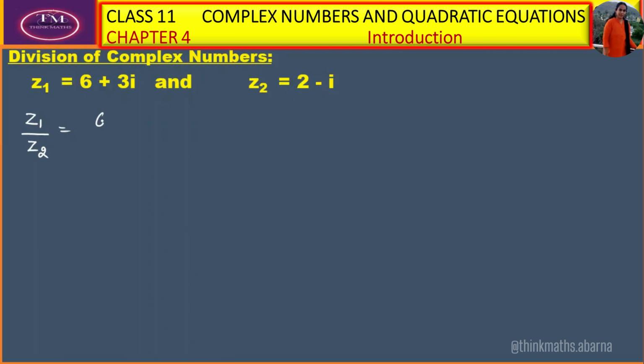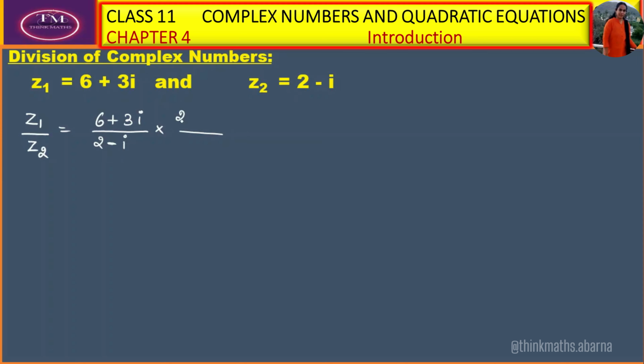So it is (6 plus 3i) divided by (2 minus i). How to divide? Here what we will do, we will multiply and divide by 2 plus i. If there is a negative sign in the denominator, take a positive. Negative, convert to positive. If it is positive, convert to negative, and multiply and divide.